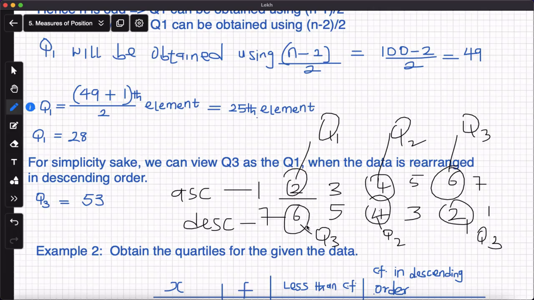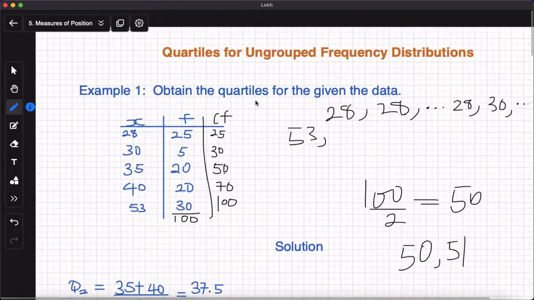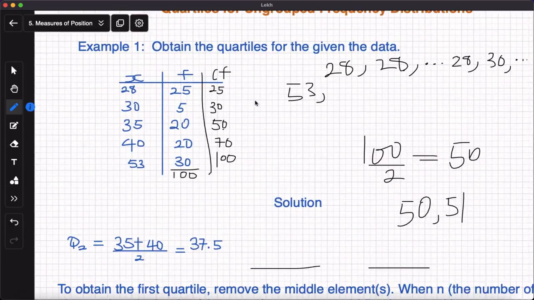So in order for me to make the data be in descending order, I will start from here. It's more or less like I say, let's do the data. So 53, I'll repeat 53 30 times.